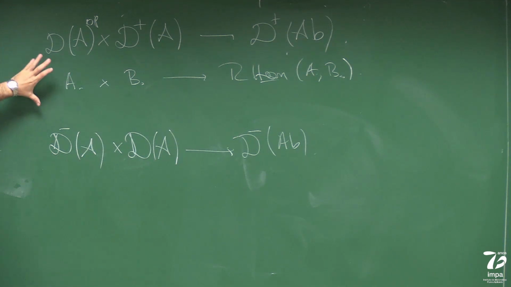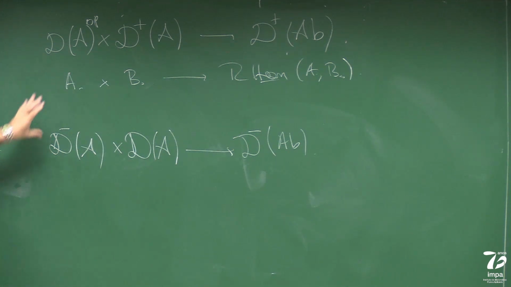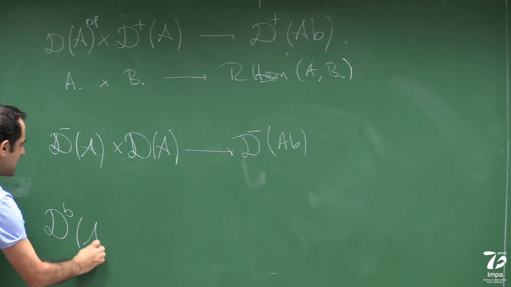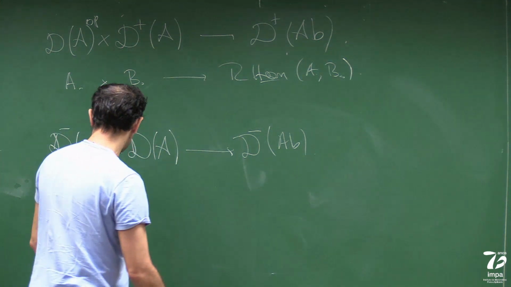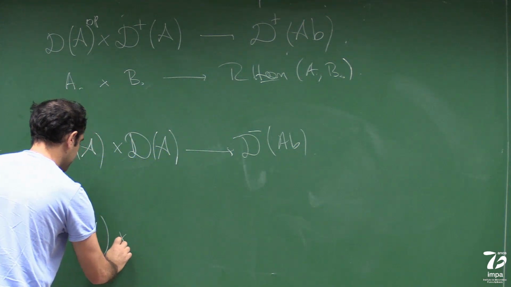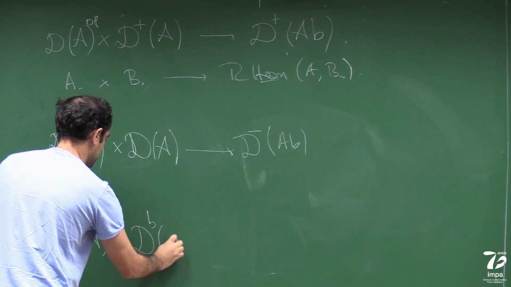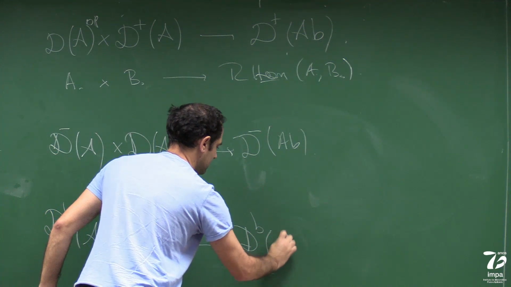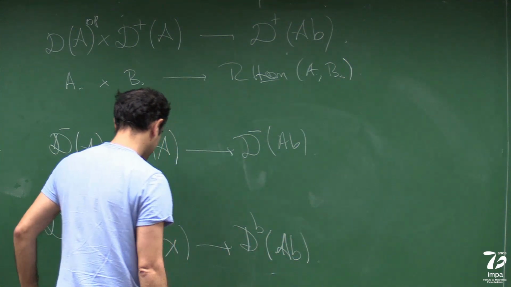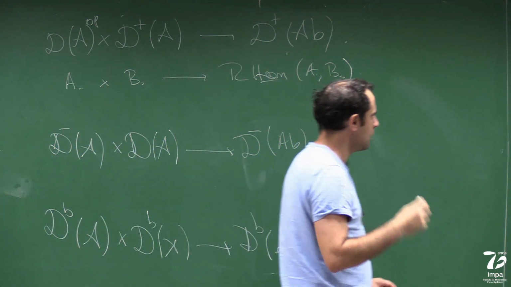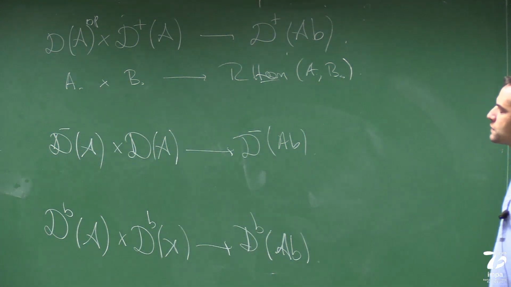Okay, so in their intersection, namely when A is bounded and B is bounded, you get something that is bounded. You could do something slightly better.